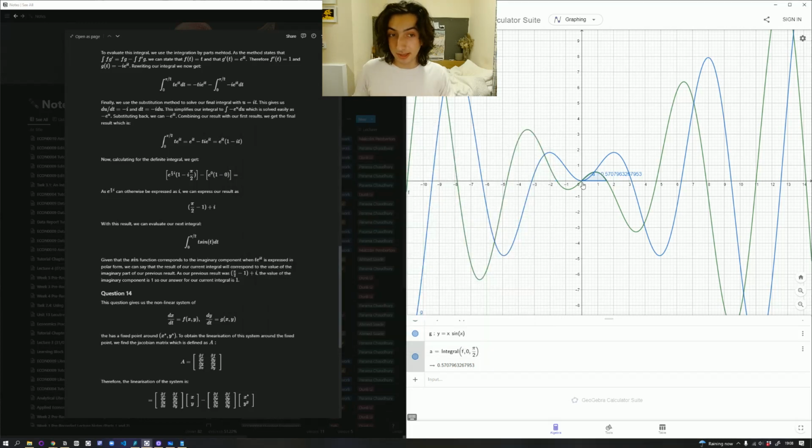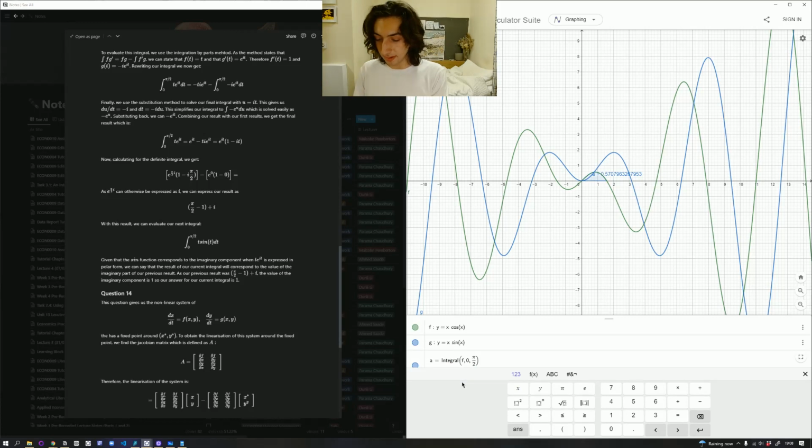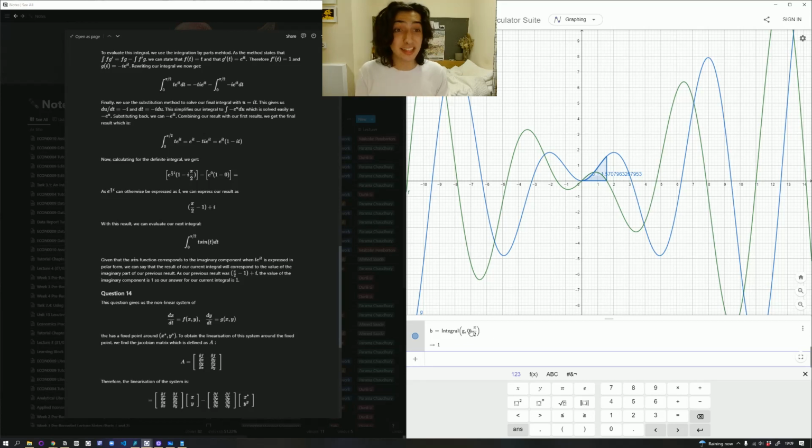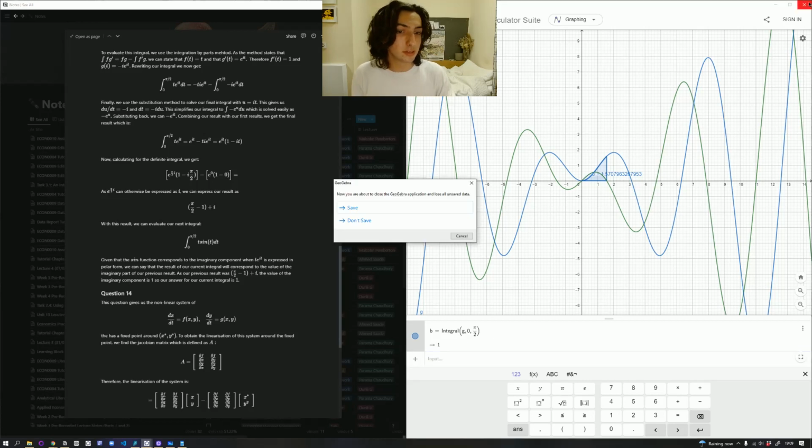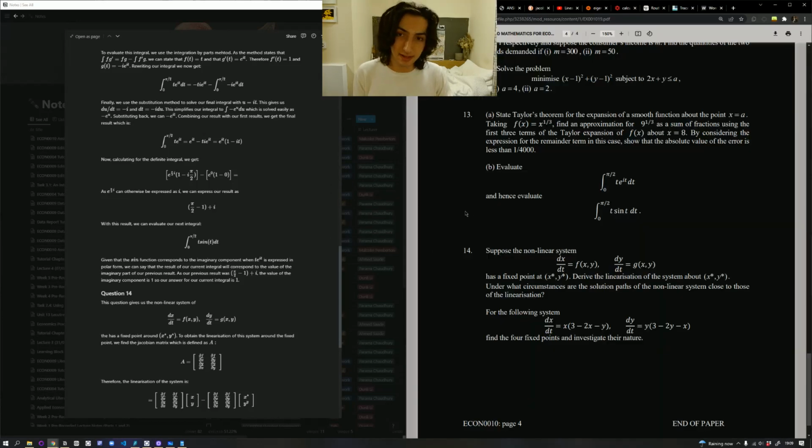So we can see that that is verifiable. But what's notable here is that if we do it for the complex part, am I doing it right? I can't even see it. Yeah, pi over 2, we can see that the value is 1. So it is that. All right? You're essentially just considering the real part and the complex part separately.